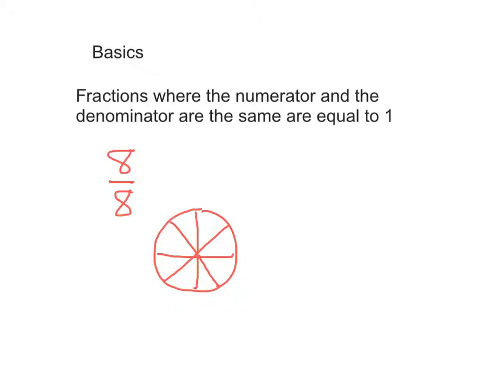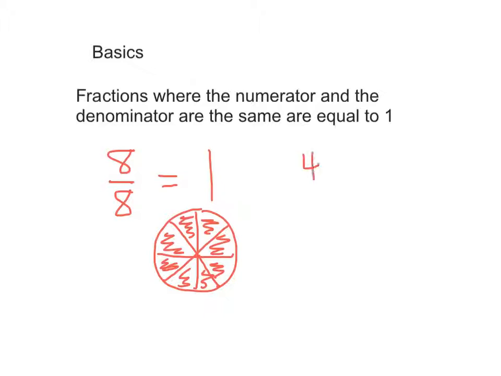And the numerator says that I get 8 of those 8 parts, which is saying that I got every single one of those parts, and once I have every single one of those parts, I have one whole of that something, that pizza or that object or that collection.